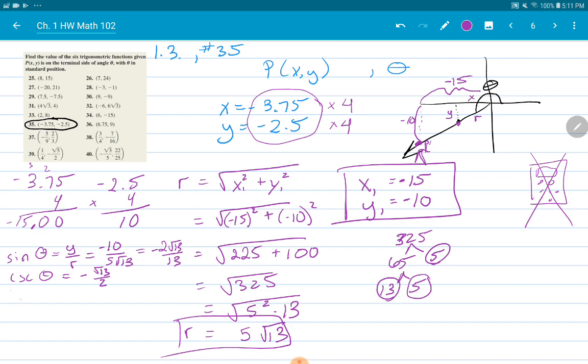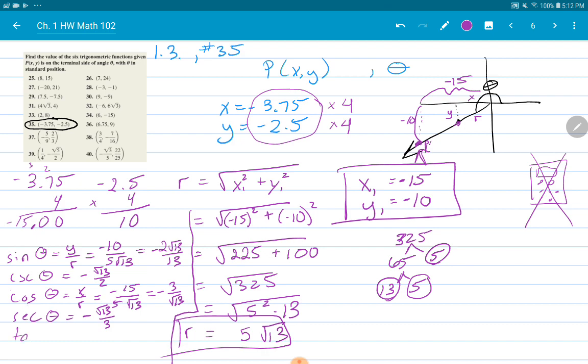Yep. And then let's see, cosine of theta is x over r, which is negative 15 over 5 times the square root of 13. I'm going to leave that unrationalized for right now. Negative 3 over radical 13, because I'm kind of running out of space, so I'll just leave that unrationalized, especially since that way I can flip it over easily to get secant, which is going to be negative radical 13 over 3.